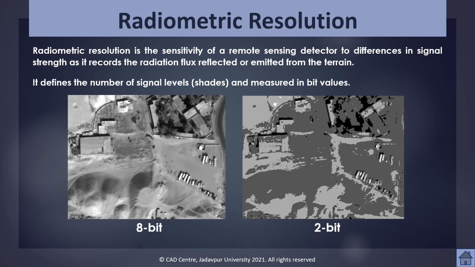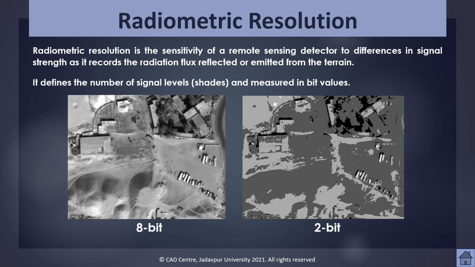Next is the radiometric resolution. As the arrangement of pixels describes the spatial structure of an image, the radiometric characteristics describe the actual information content in an image.